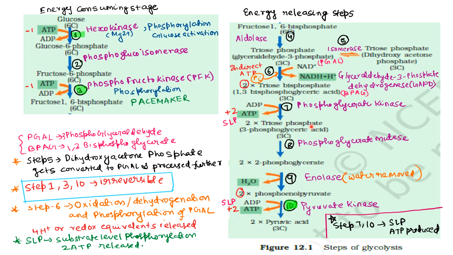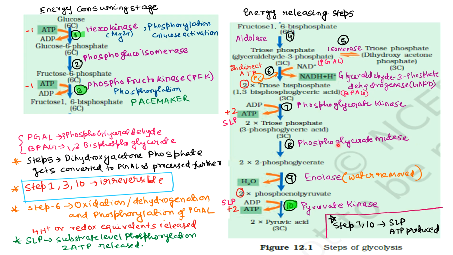Okay. In the eighth step, there is a change in the position of the phosphate group of 3-phosphoglyceric acid. So it is converted into 2-phosphoglyceric acid, and the enzyme responsible for it is phosphoglycerate mutase.